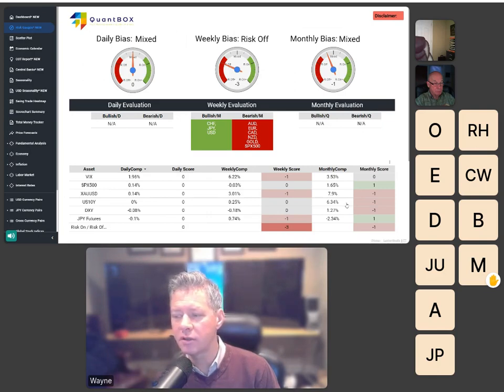Okay. Yield on the 10-year T note is up. That's bad. That means the treasury market is falling. Dollar is strong over the month. And that's not good, because that's usually risk off. People getting out of risky assets and going to cash. Well, that's not good. And yen is weak, very weak.